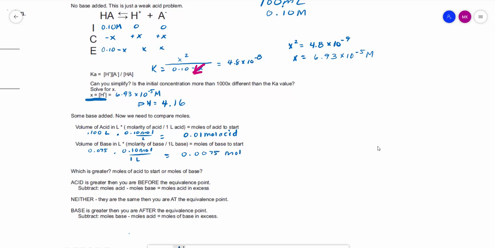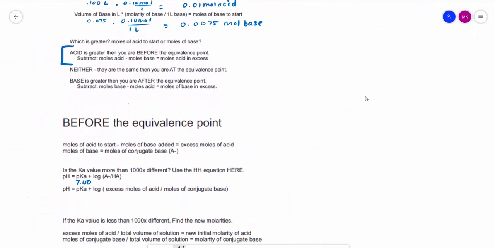0.0075 moles of base. Now, because my moles of acid is greater than my moles of base, I am before the equivalence point. So I'm going to roll down here a little bit. So the excess moles then is going to be my moles of acid minus my moles of base, and you're going to ignore these significant digit errors here. You can just assume this.